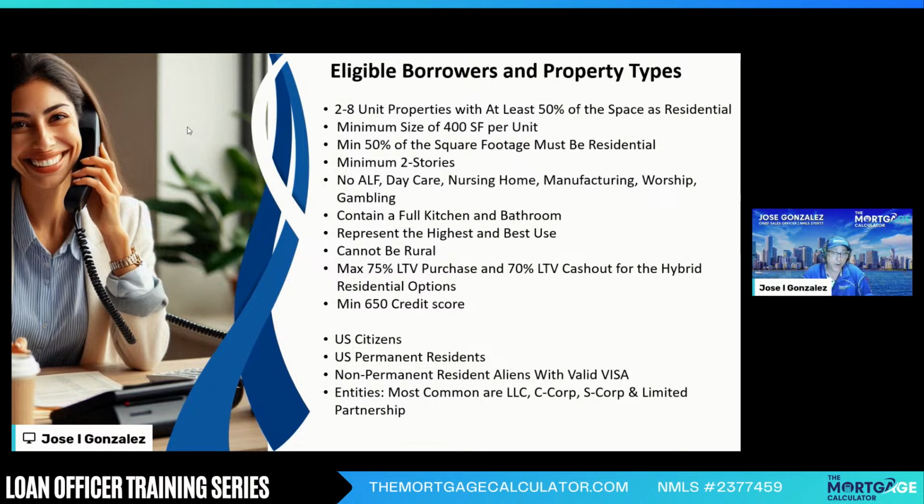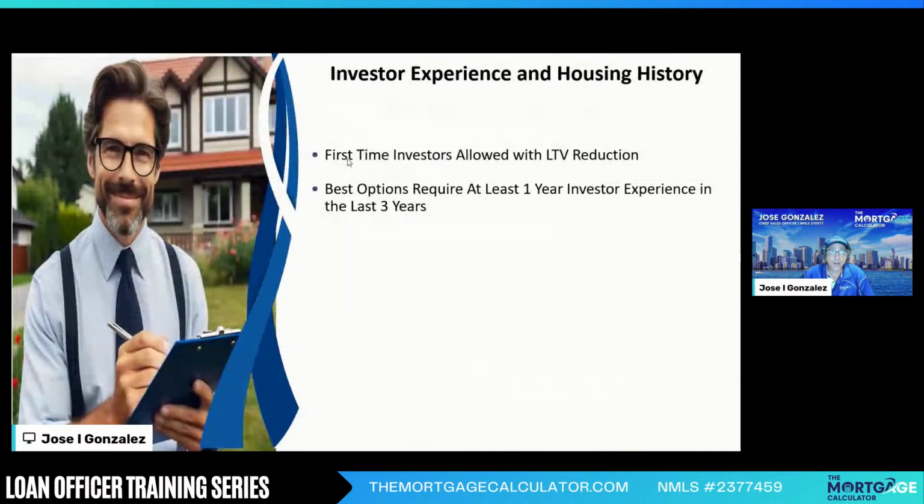Whereas we do have foreign national loans for DSCR, that's not necessarily the case for this hybrid product that we have. Entities, again, this is what you would want this to be: a business purpose loan closing in an entity. The most common entities are LLCs, C Corp, S Corp, and limited partnership.